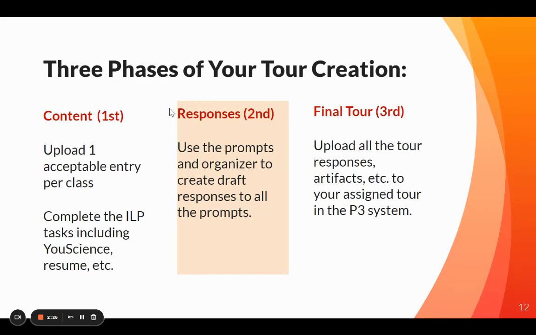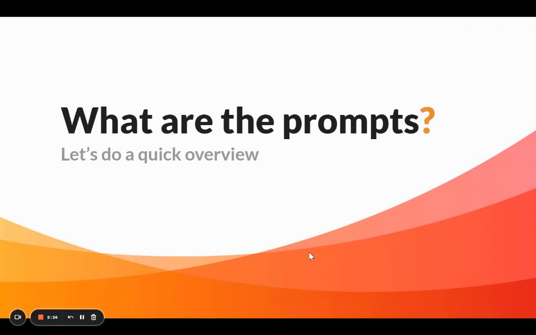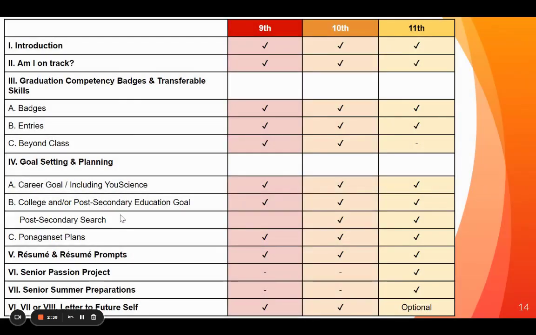Now, the second phase is the responses section. So you're going to use the prompts and an organizer to create draft responses to all the prompts. What are the prompts themselves? This is a very quick overview document, but what you'll see here is most of the grades, both 9, 10, 11, are all going to introduce yourself. You're going to talk about being on track. You're going to talk about your graduation competency badges and transferable skills and how you're doing work both in school and possibly out of school to meet those.